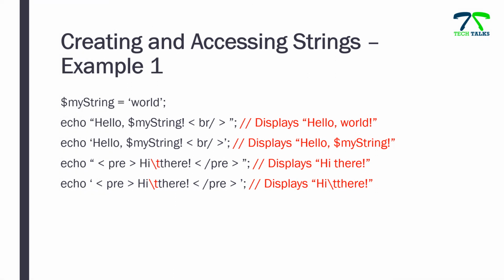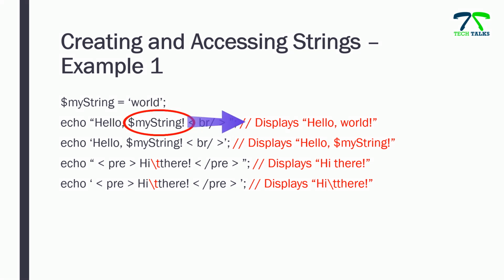Here we are dealing with an example. I have stored the value world as a string to a variable called myString, with hello world in the first line. Notice that I have used double quotes there, so it causes the myString variable name to be substituted with the actual value of myString.